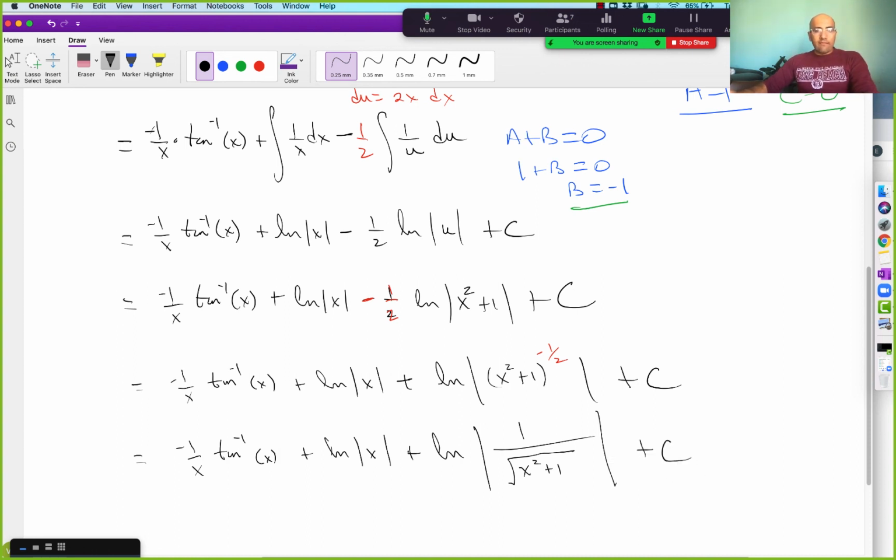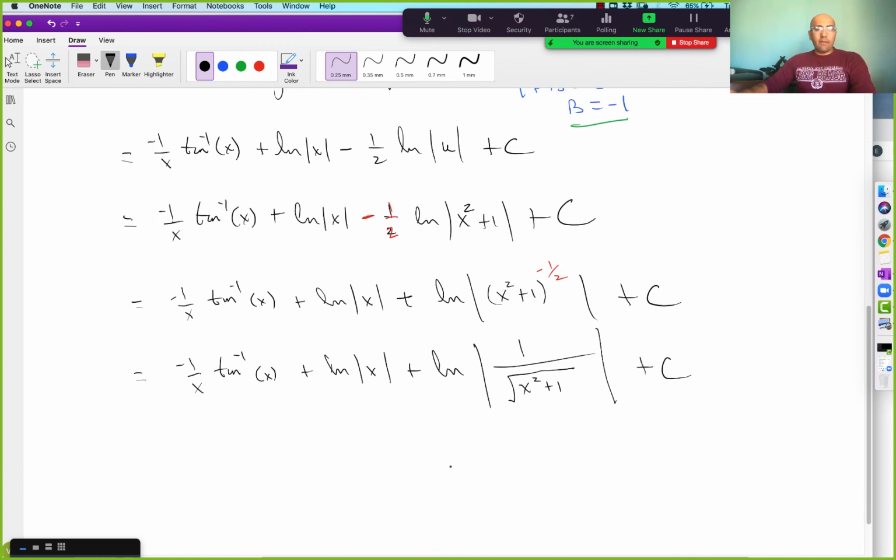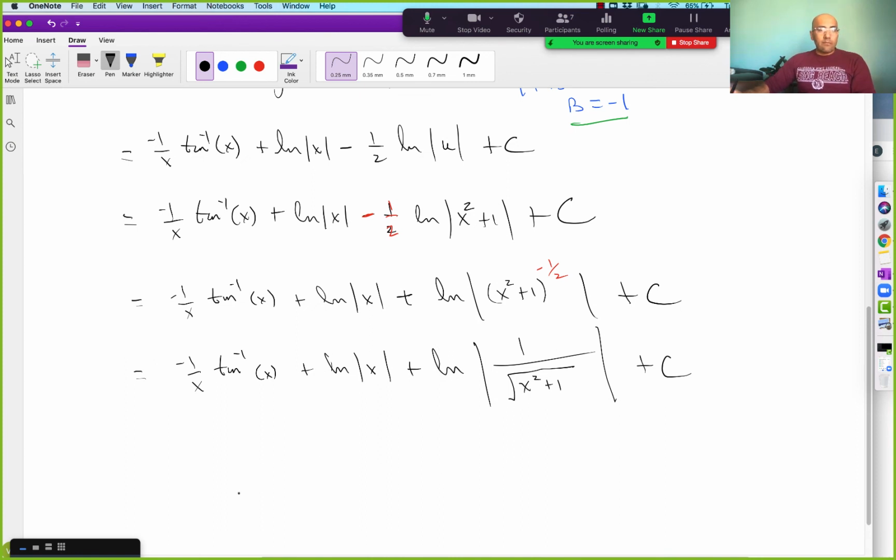And now when we have the summation of two logs with the same base, we can bring them together by multiplying them and get one big happy log. So we can rewrite it as negative 1/x tangent inverse of x plus ln of absolute value of x over the square root of x squared plus 1, absolute value, plus c.